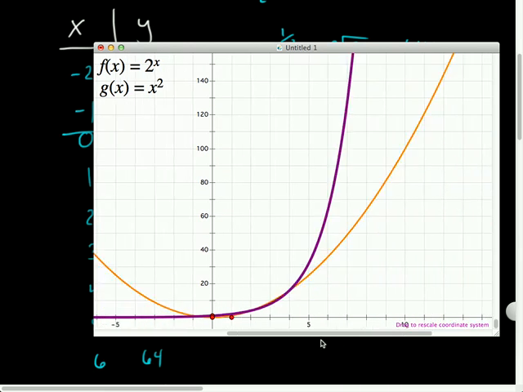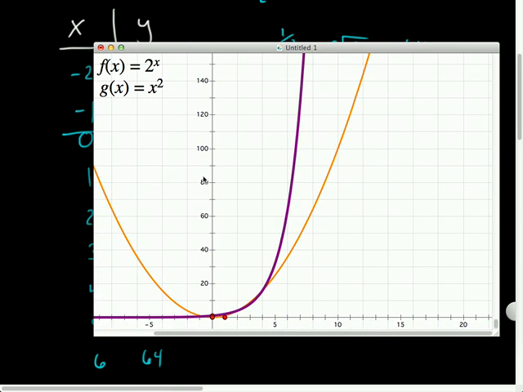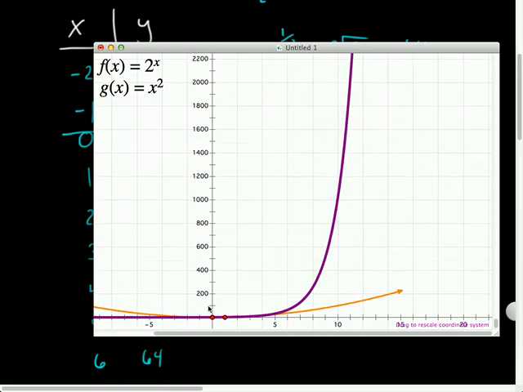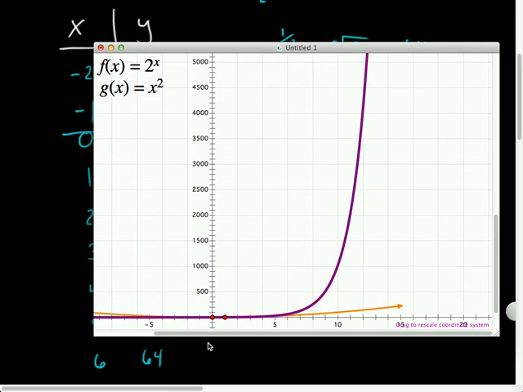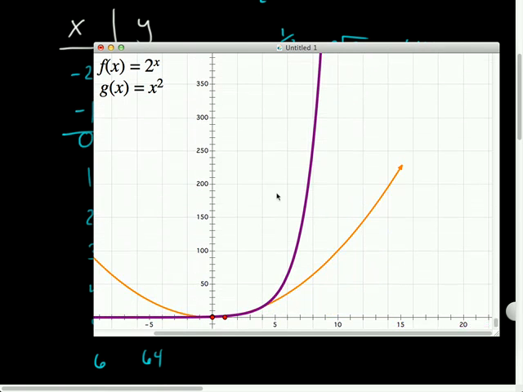So, yeah, that's no contest. And as a matter of fact, even if I look at that, for big numbers, it just skyrockets. So yeah, interesting results.